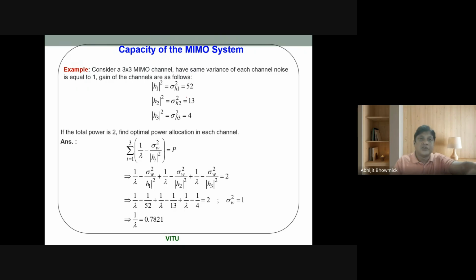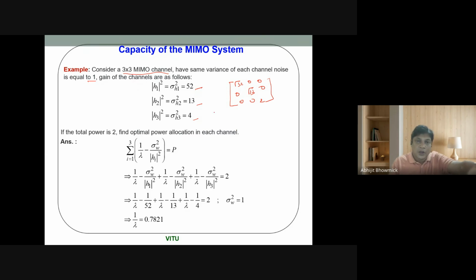Say, consider a 3x3 MIMO channel. The 3x3 MIMO channel has the same variance, the noise of each channel is equal to 1. Gains of the channels are given here. So if you look at the channel matrix, it would look like 52, 13, and 2, then 0, 0, 0, 0, 0, 0.